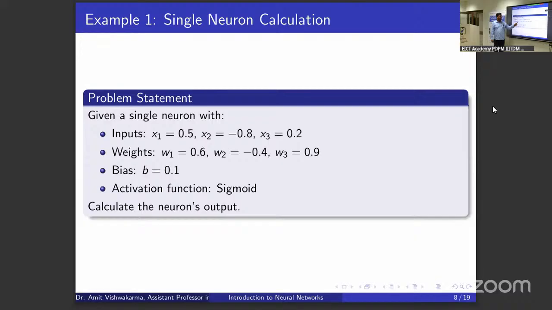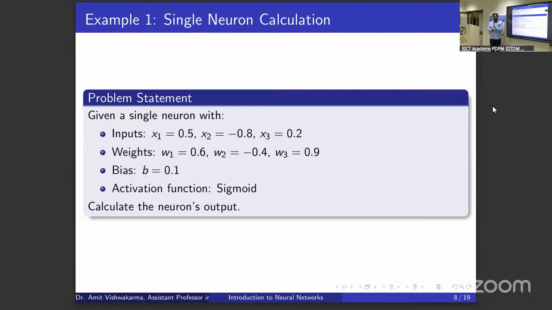Now for the weights. I said we have to update the weights, but if we update something, we have to start from something. So some weights are there which we picked randomly: W1 is 0.6, W2 is -0.4, W3 is 0.9.